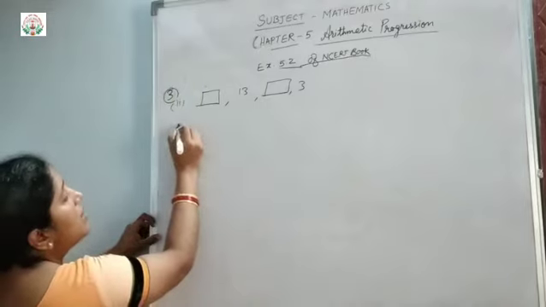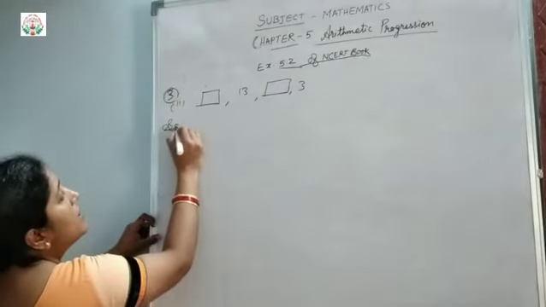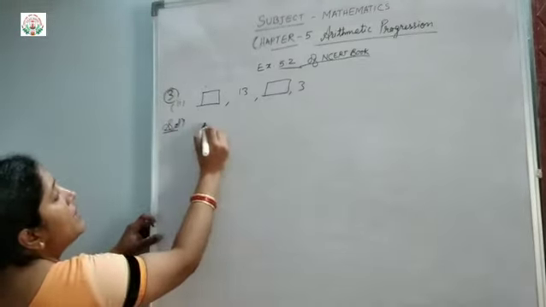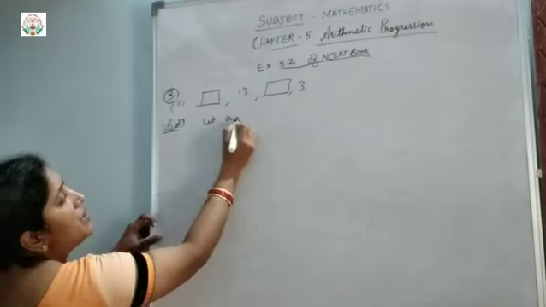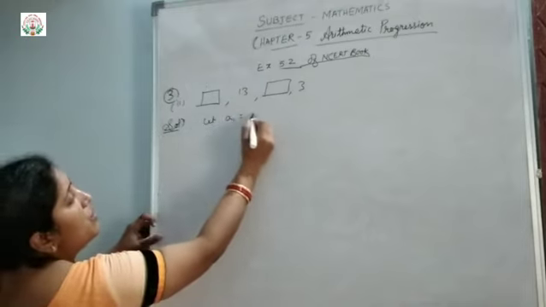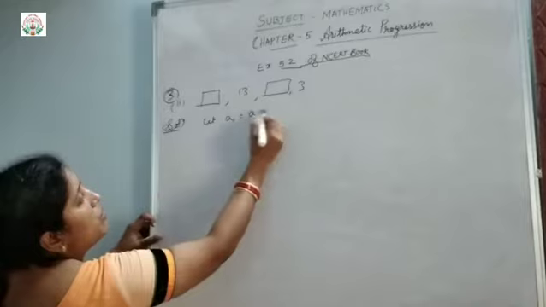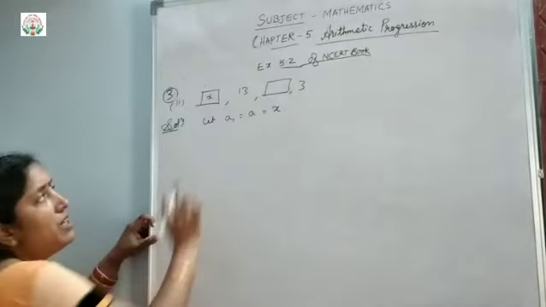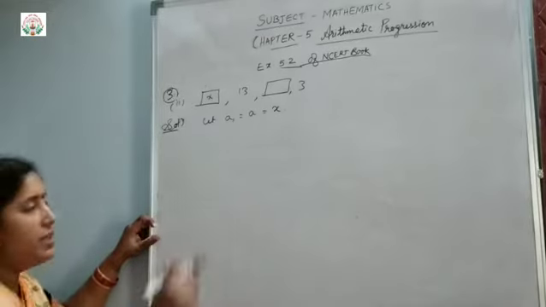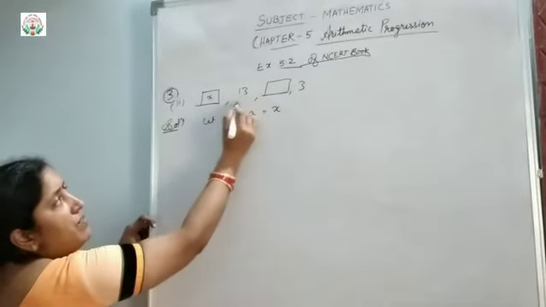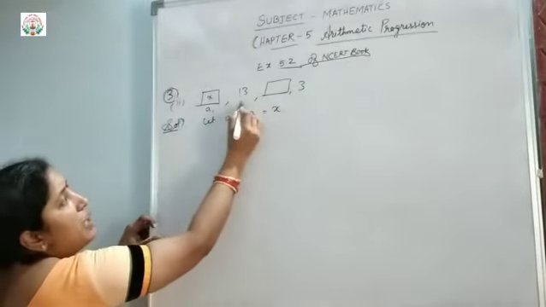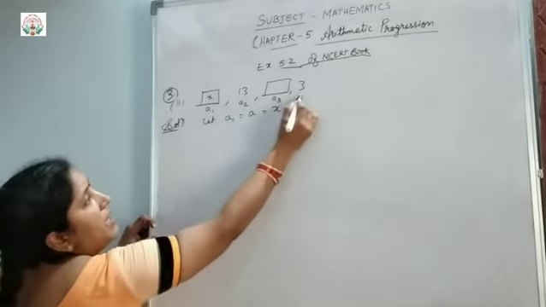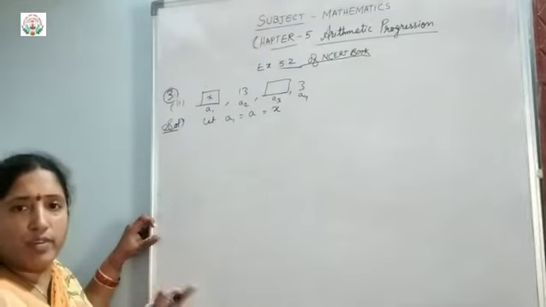Let the solution: let the first term A equal X, since this is not known to us. So this is A1, A2, A3, A4.